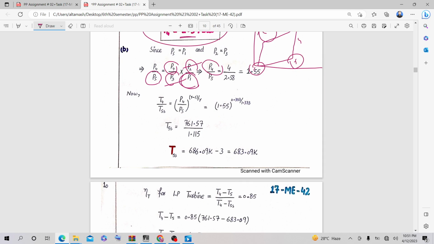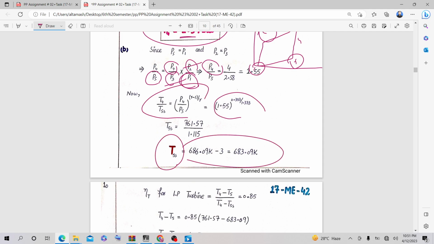So T4 by T5s is equal to (P4 by P5) to the power gamma minus 1 over gamma. Now we will use this relation and we will find the value of T5s.